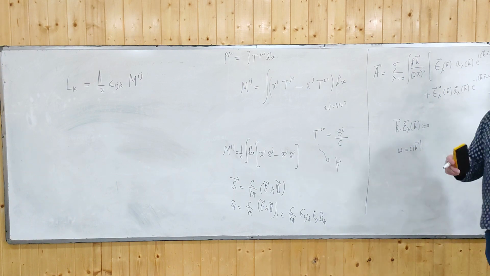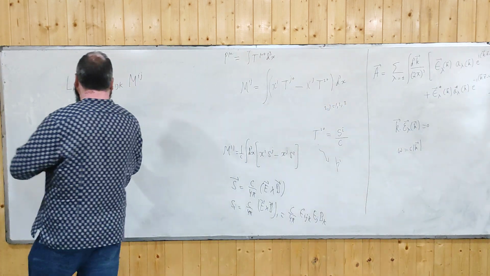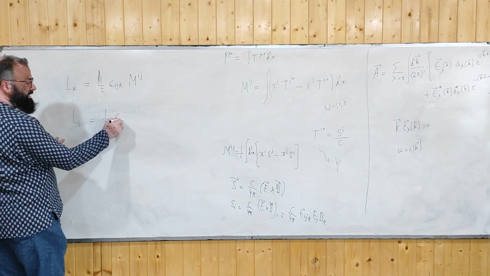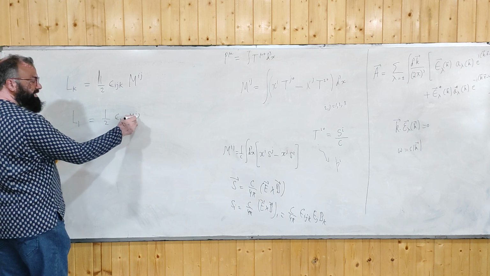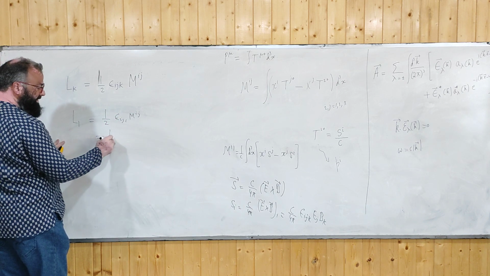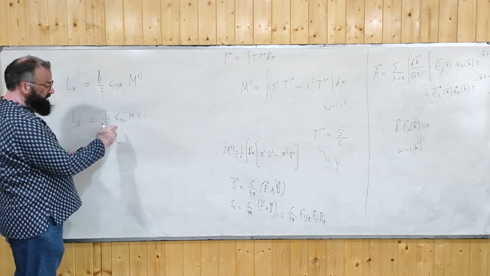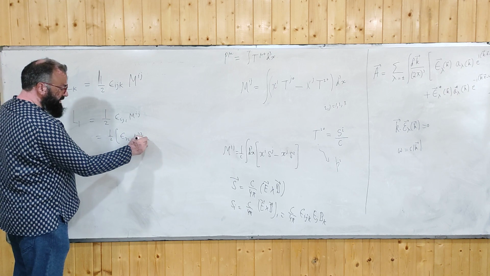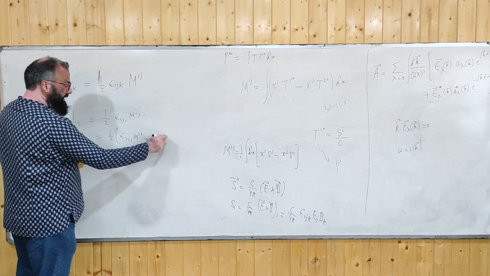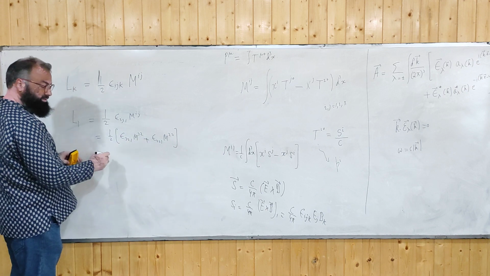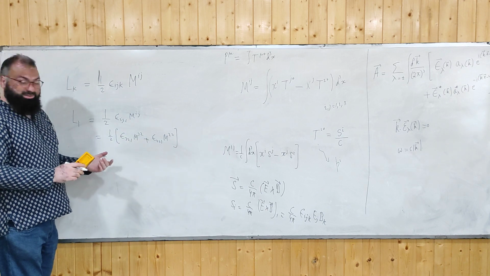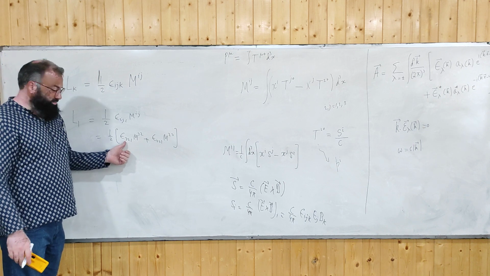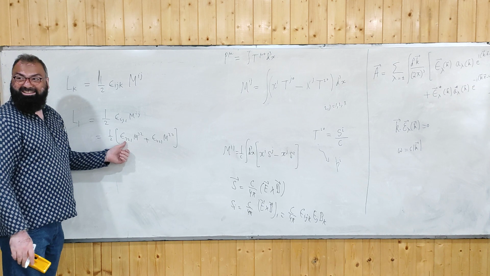Any question? Okay, so now let's write L1 for you people. It is half of epsilon_ij1 M_ij. How many values will these i and j take now? It will be epsilon_321 M32 plus epsilon_231 M23. Clear? So what is epsilon_321?